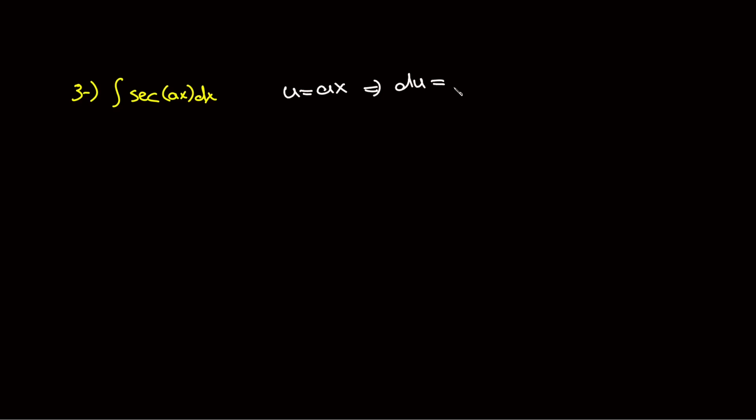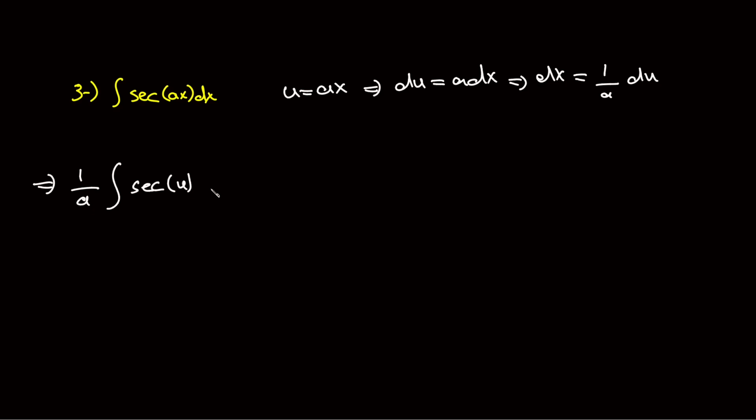Therefore, du is going to be a dx, and therefore, dx is going to be 1 over a du. Now this integral becomes 1 over a integral secant of u du.